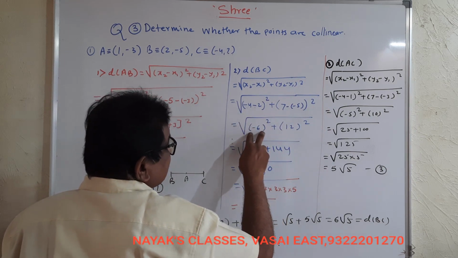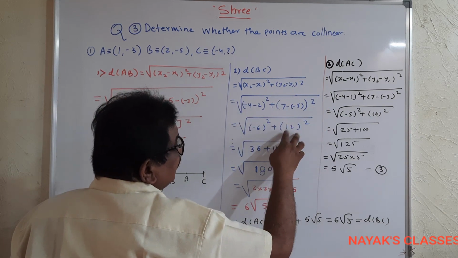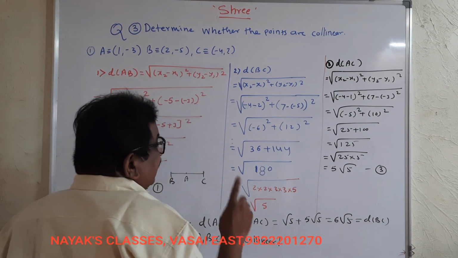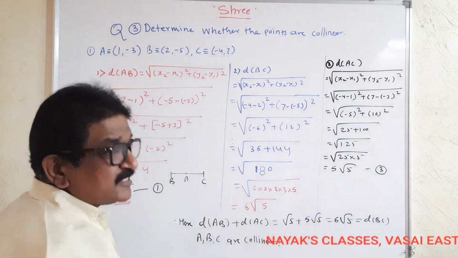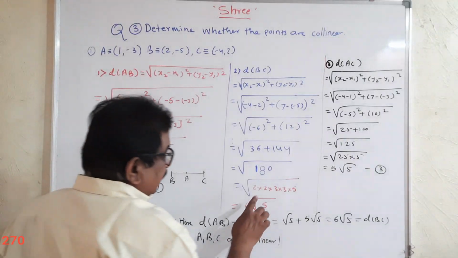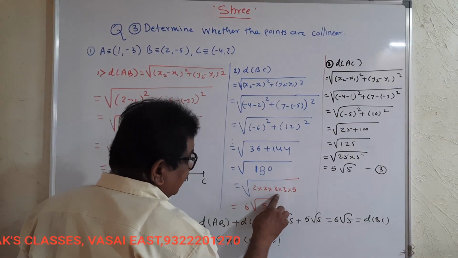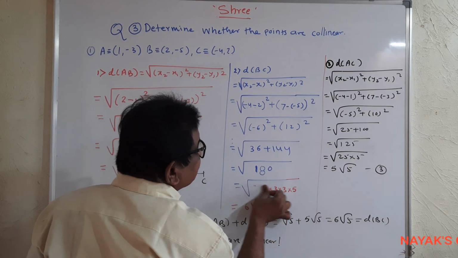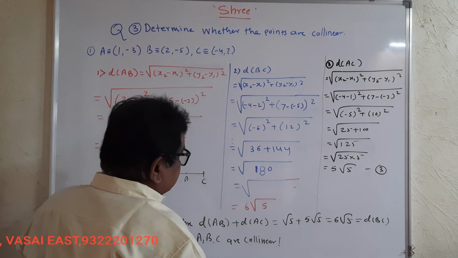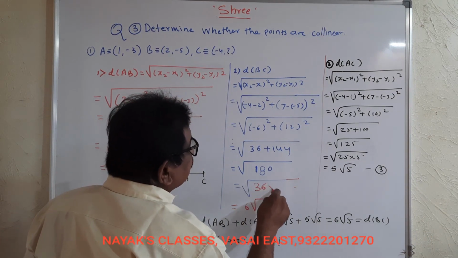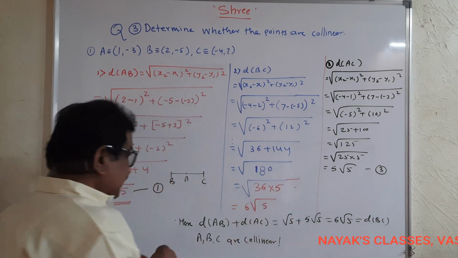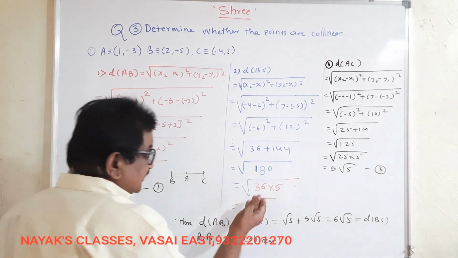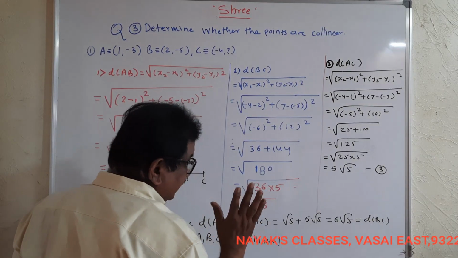So this becomes (minus 6) the whole square and this becomes 12 the whole square. 36 plus 144 is 180. Under root 180 is not simplified, so we have to break it up. 36 into 5. The square root of 36 is 6, so this is 6 root 5.